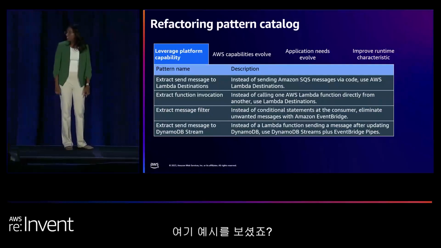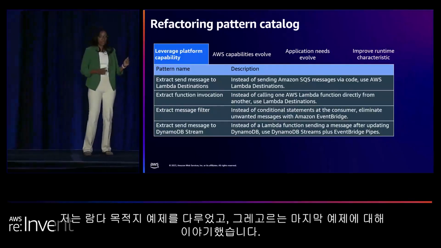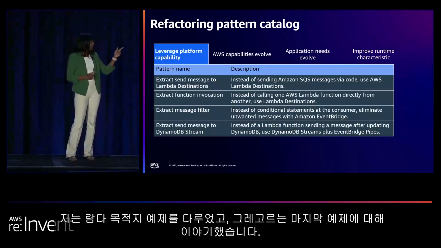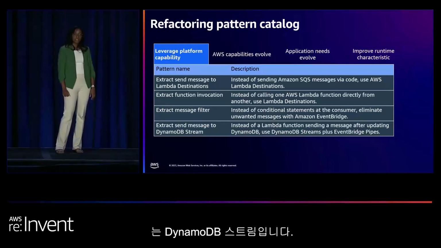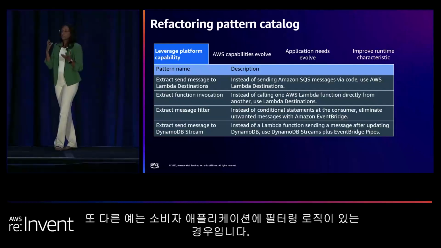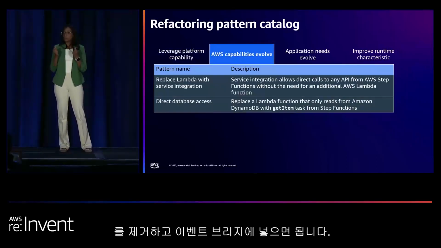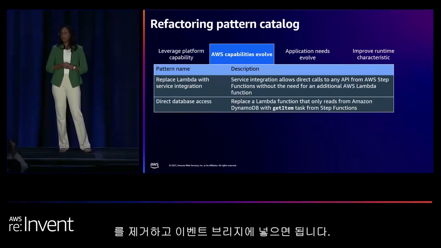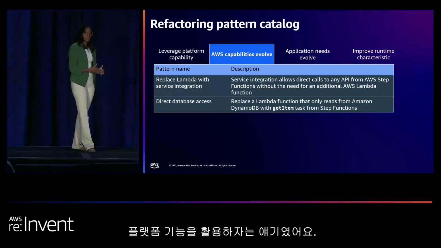We covered the first one with the Lambda destination example, and Gregor talked about the last one, which is the DynamoDB stream. Another example would be if you have filtering logic in your consumer applications, you can remove that and put it in EventBridge. That was about leveraging platform capabilities.